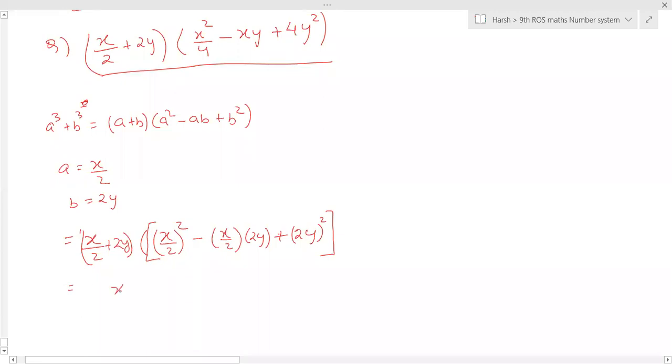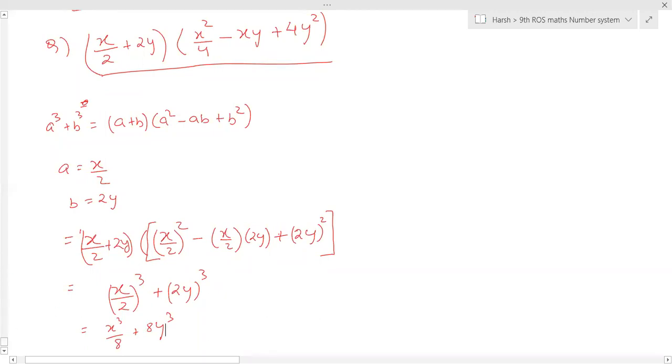So we can write it as x by 2 whole cube plus 2y whole cube. Understood?